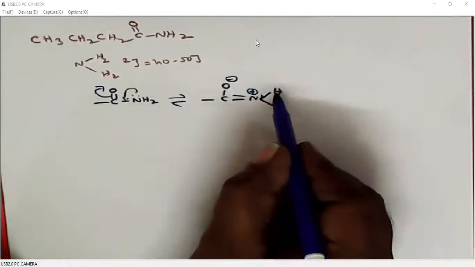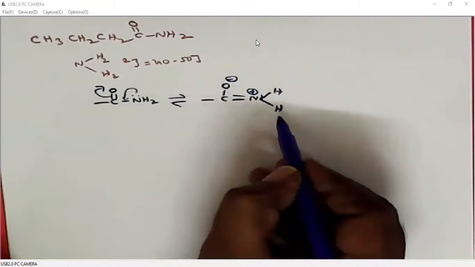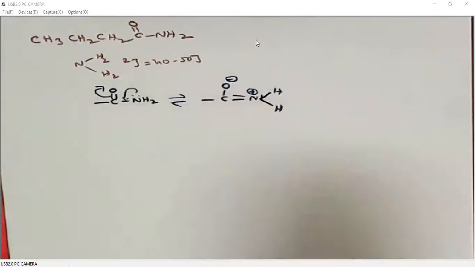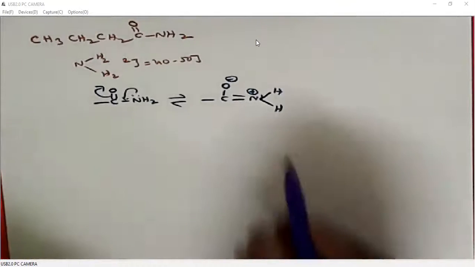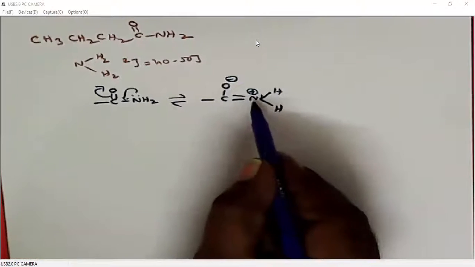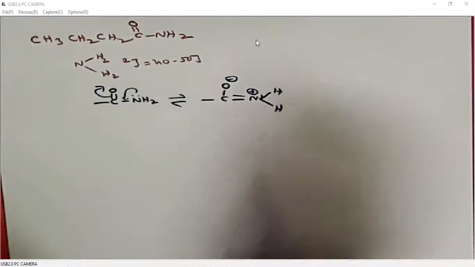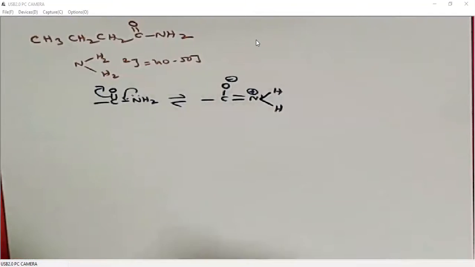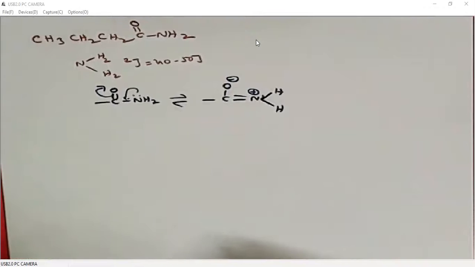So this is in a chemically different environment, and this is in a chemically different environment. So we will get two signals for the amide protons. If we have two hydrogens on amide nitrogen, we will get two signals. So this is very useful for us to identify the amide compounds.